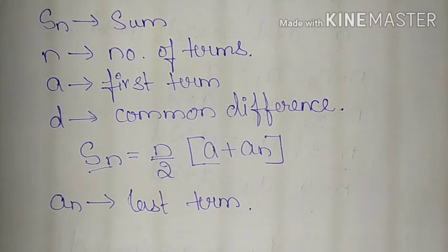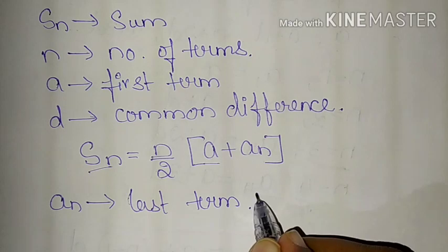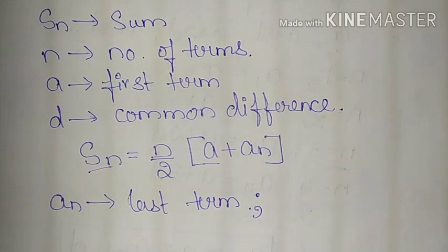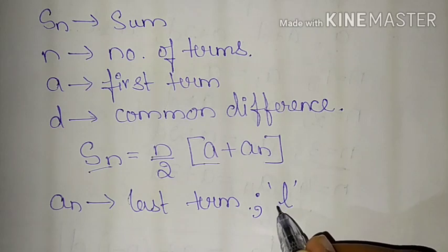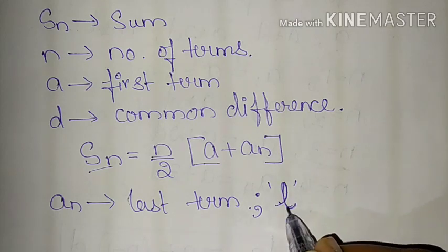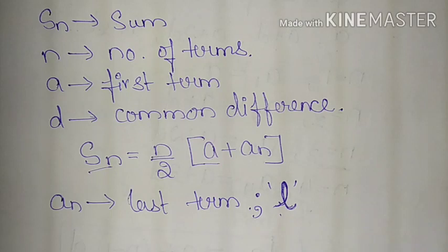It is not the last term of that infinite arithmetic progression, but for our purpose we consider it to be the last term there. In some texts an is also denoted as L. This is easy for you to understand, right? L means the last term.